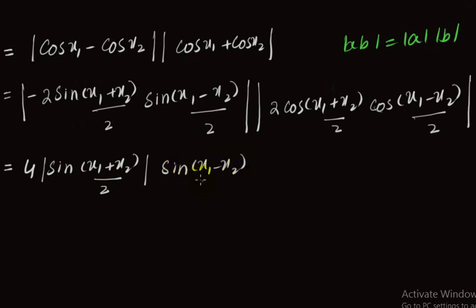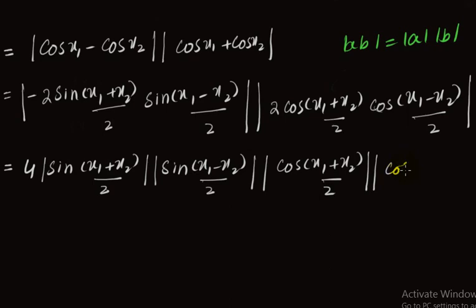Similarly, mod of cos of x1 plus x2 by 2 into mod of cos of x1 minus x2 by 2, and the reason is this property of mod.